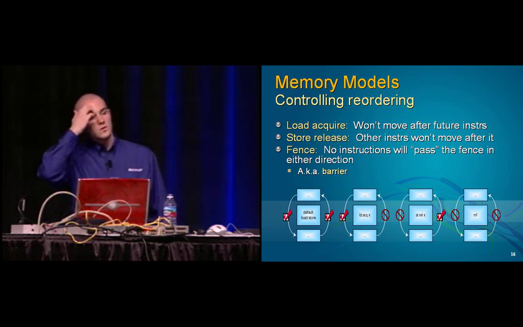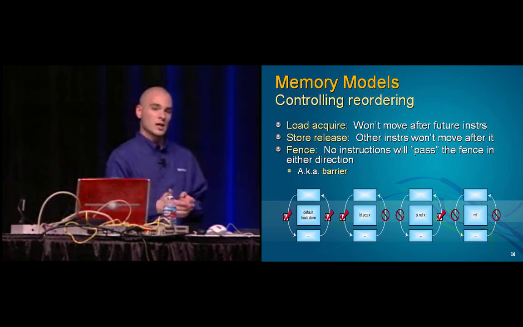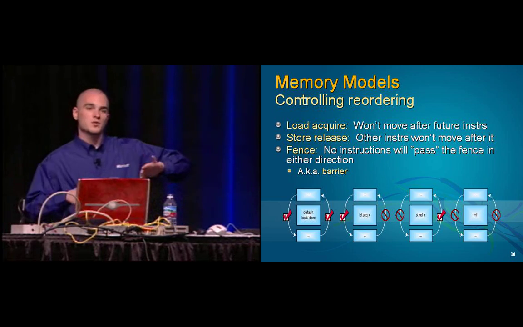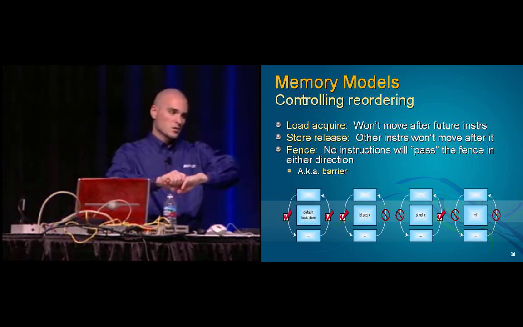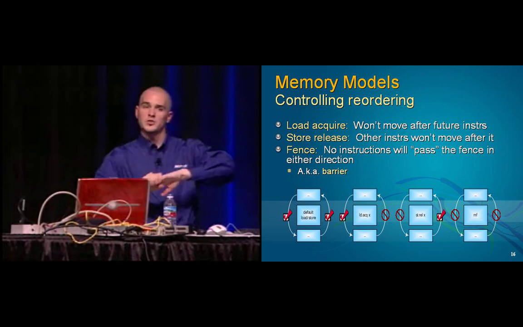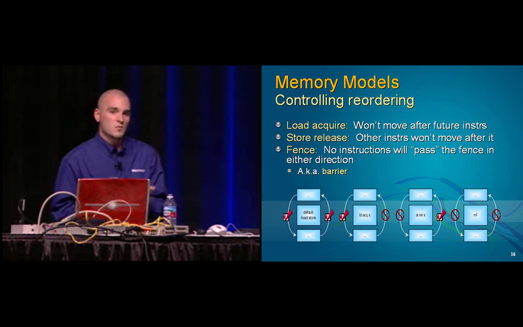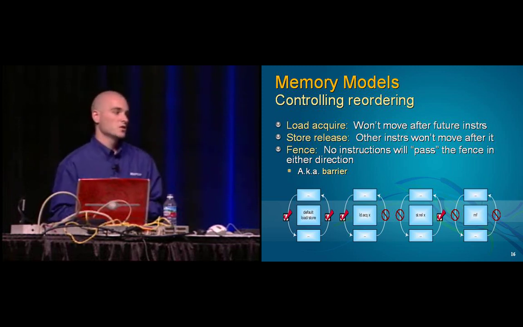So to get some terminology out there so we can discuss memory models and what guarantees we make, there's three types, roughly, of controlling reordering. And this is the terminology we use in our memory model documentation. Load acquire means that the load isn't going to move after future instructions.